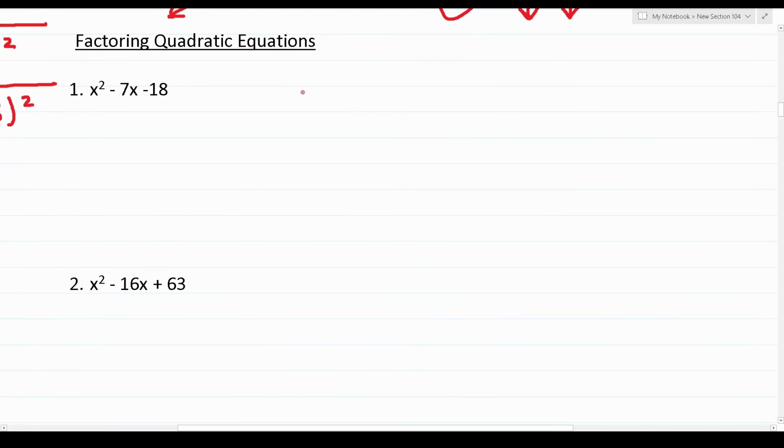This first one says factor x squared minus 7x minus 18. So we have x squared minus 7x minus 18. So again, let me go ahead and write the general formula for a quadratic equation. We have ax squared plus bx plus c.